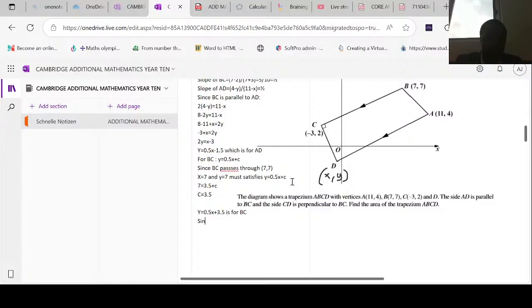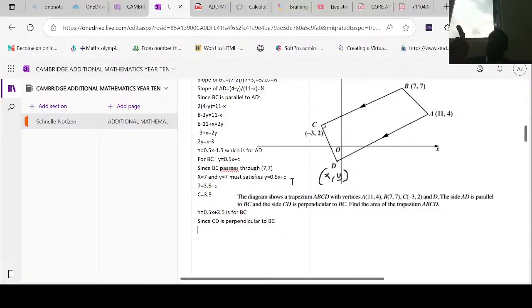I believe this is logically making sense to you. Since CD is perpendicular now, not parallel, to BC, that means the gradient of BC is 1 over 2.